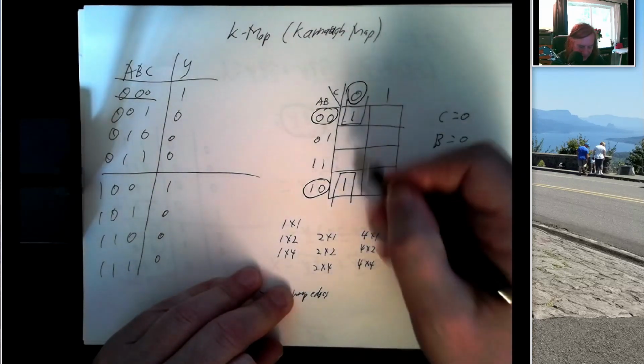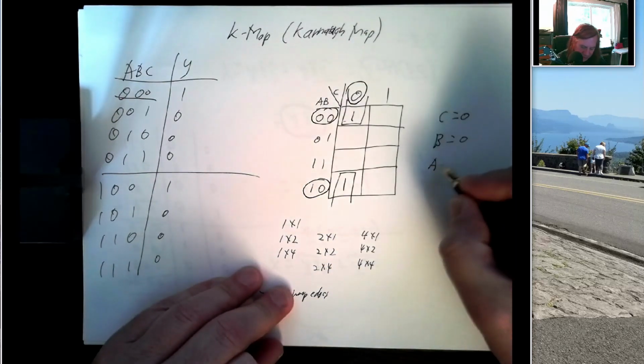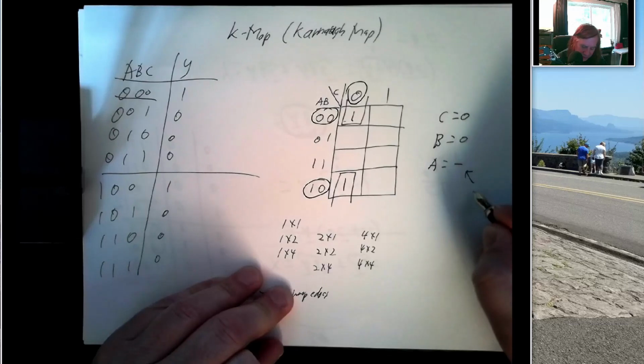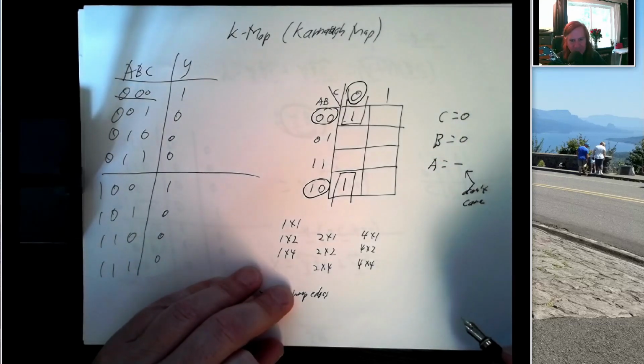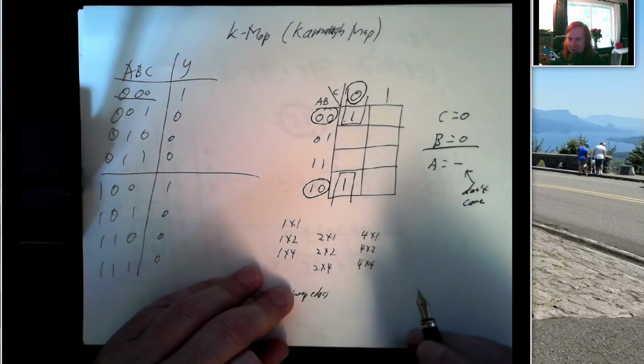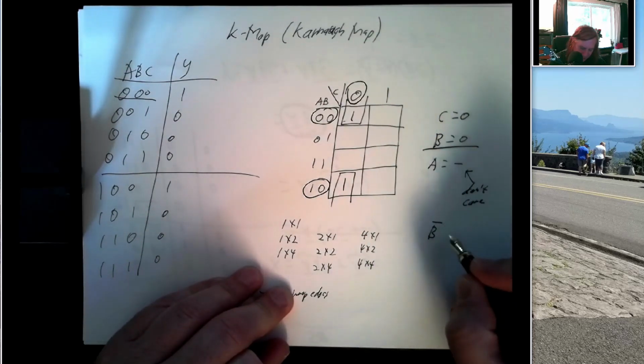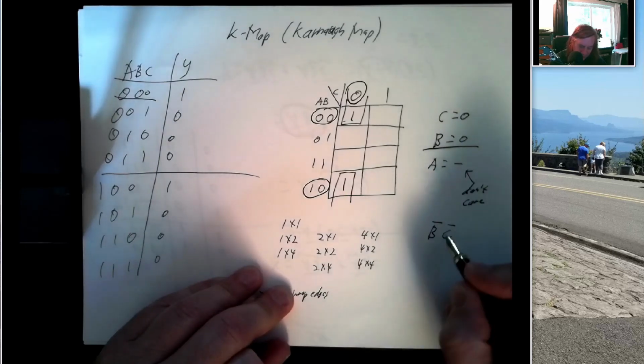But if we look across these two squares, A could be a 0 or a 1. And so we say A we don't care about. So we write a dash to mean don't care. So how do we write an equation which requires that B equals 0 and C equals 0, but we don't care about A? Well, that's just B bar ANDed with C bar.